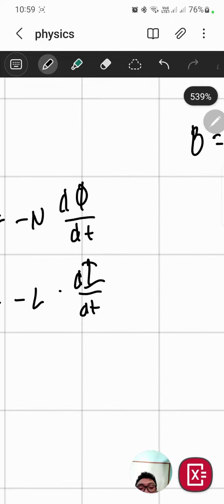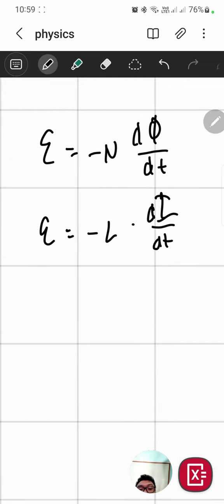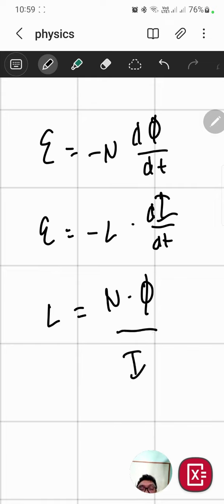So we can substitute these two equations, and the equation will be L equal to N times the magnetic flux over I.